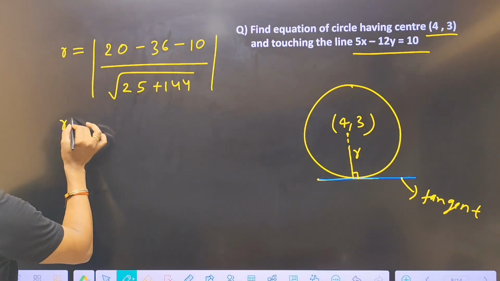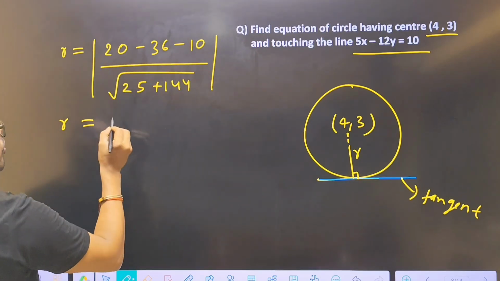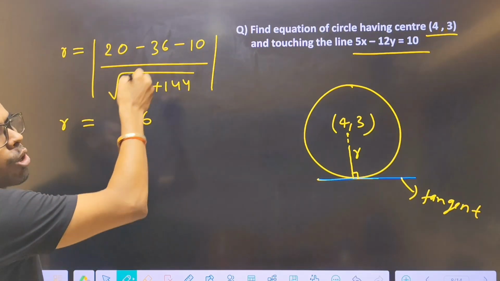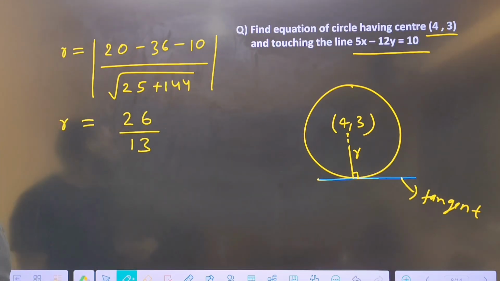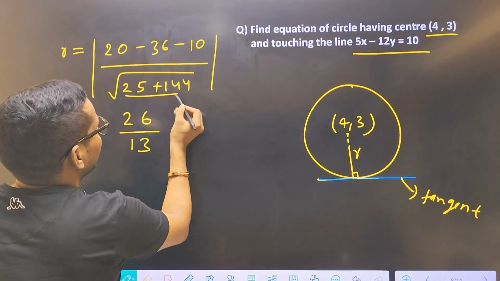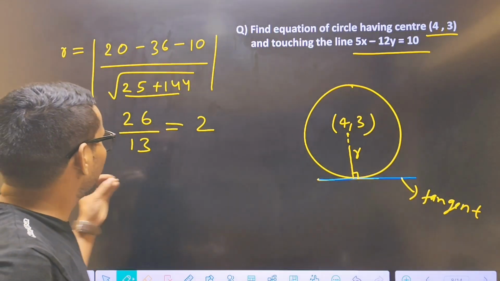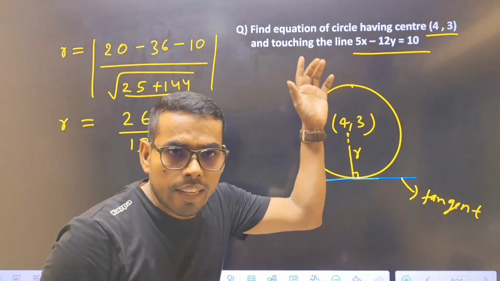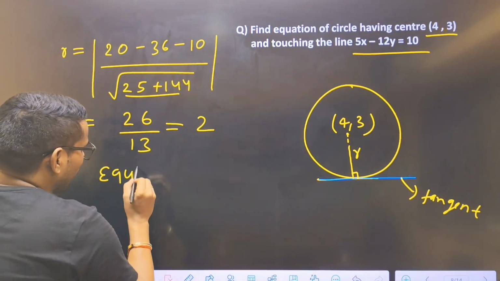So we get modulus of 26 upon under root 169, which is 13. So how much radius are we getting? 2. Center is already given, (4, 3). Now what is the equation of circle?